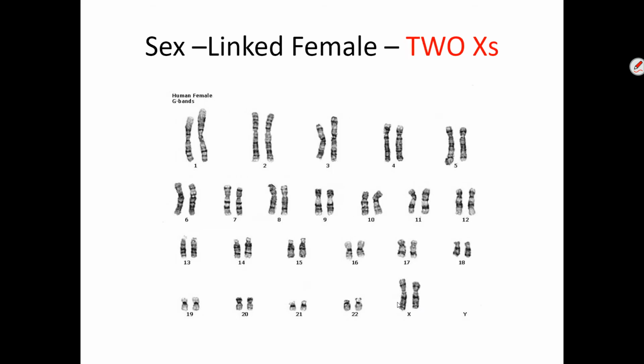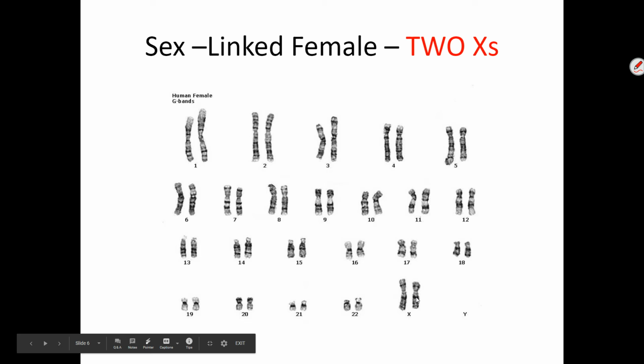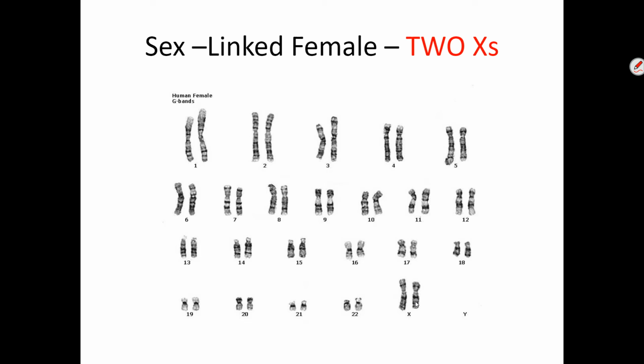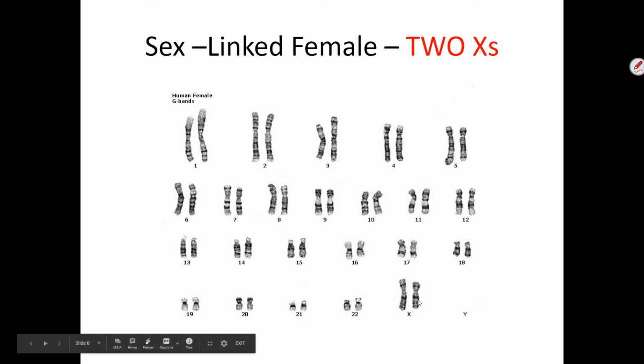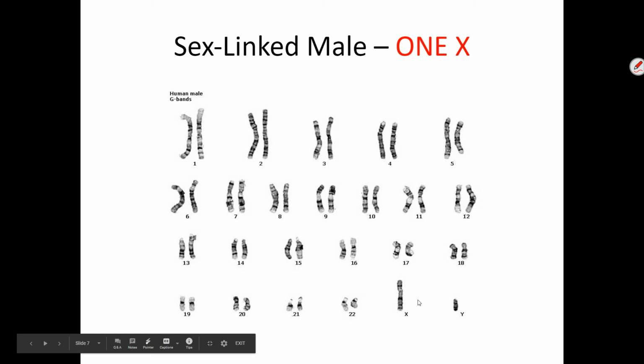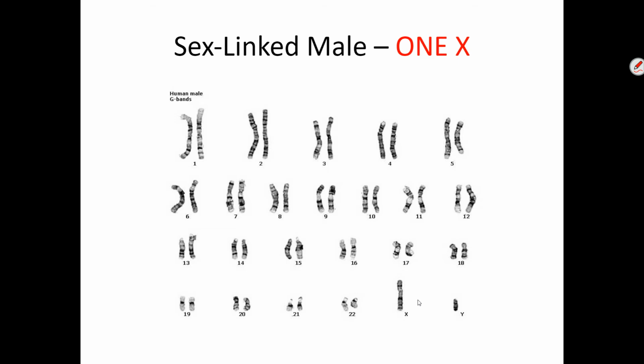Whereas a female, if they have one recessive, the other one can be a dominant. And so then they can show the normal condition just by having one as the dominant. But for a male, they either have a recessive or a dominant. They don't have two.